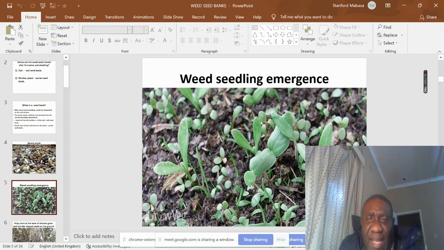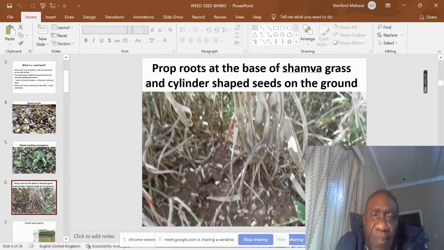This could be an investment route because some of the plants will flower and produce more weed seeds, which are channeled back into the soil. Here we've got shamba grass, which has cylinder-shaped seeds on the ground. These are now part of the weed seed bank.